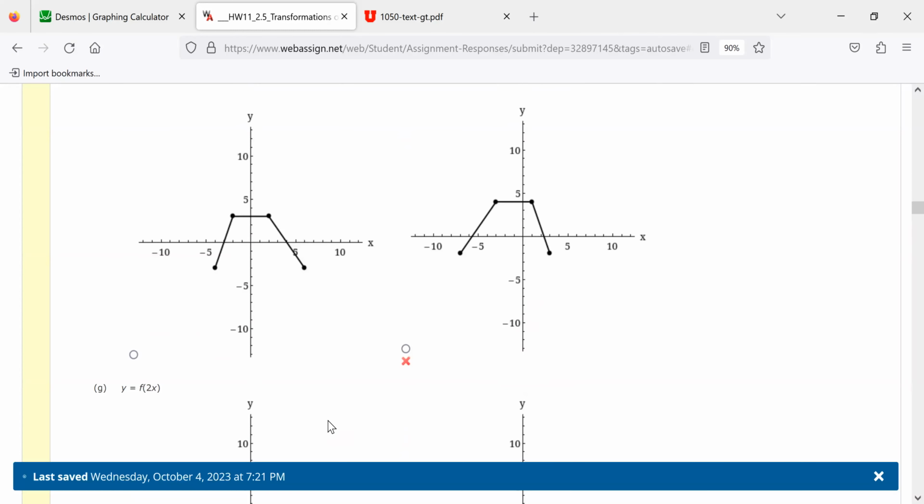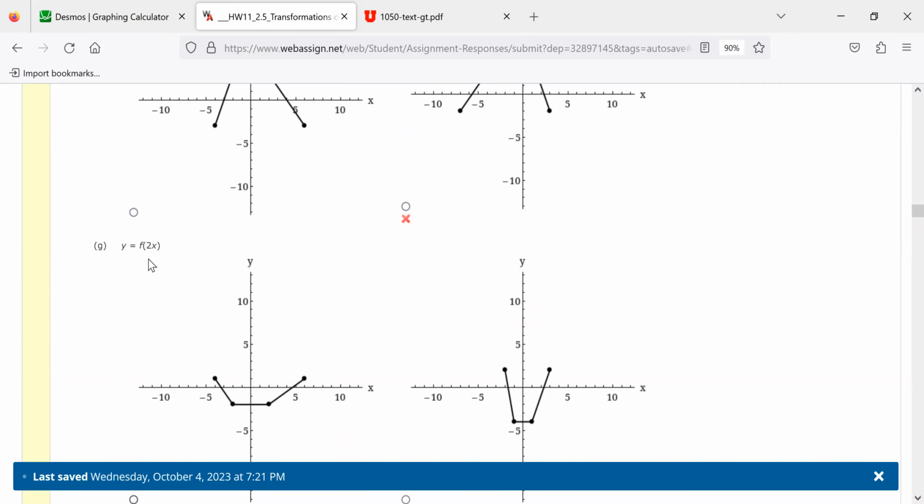Let's move on. Well, what would this do?